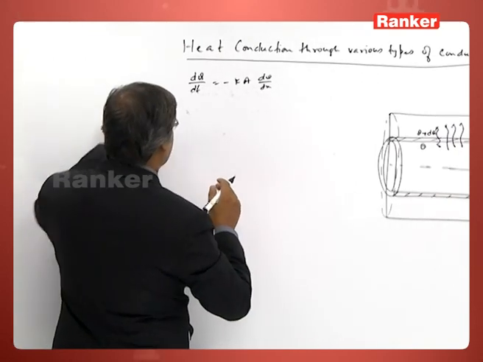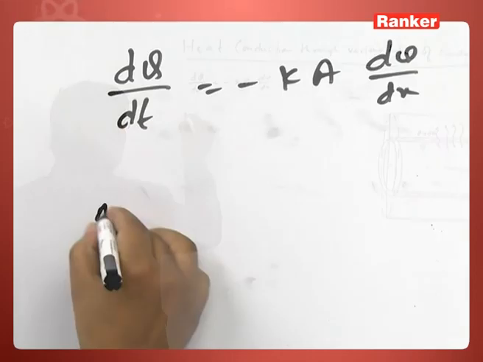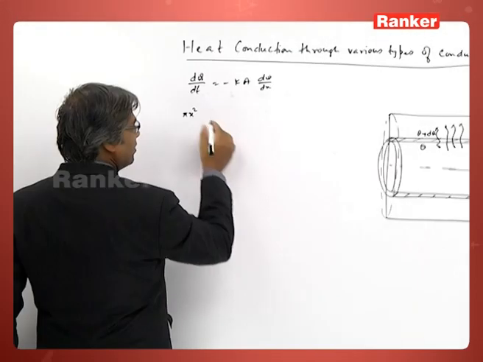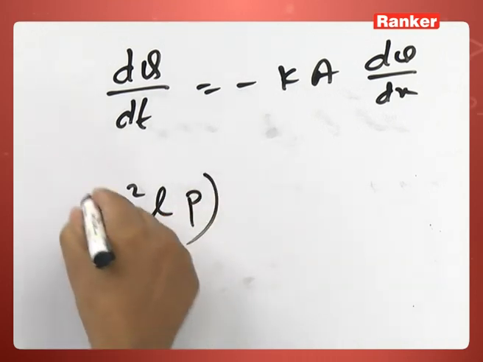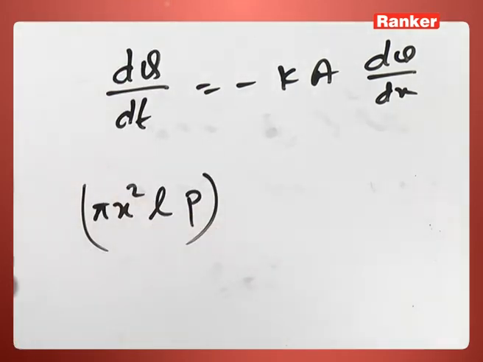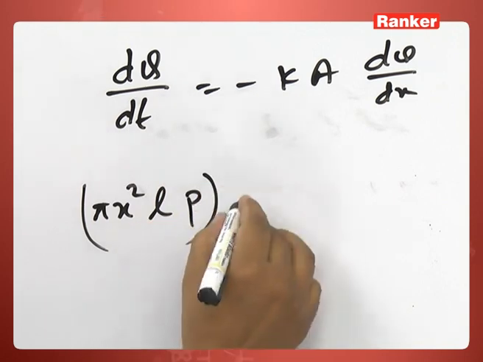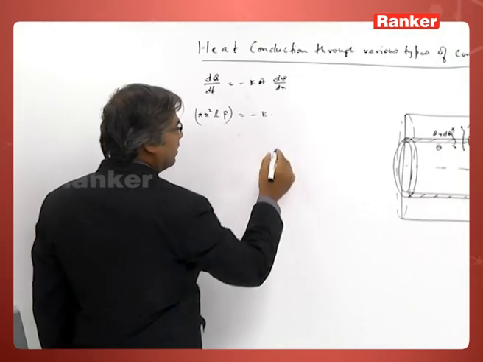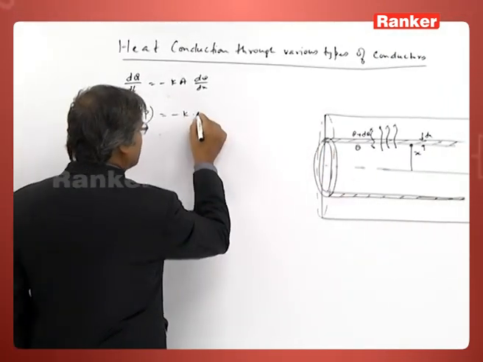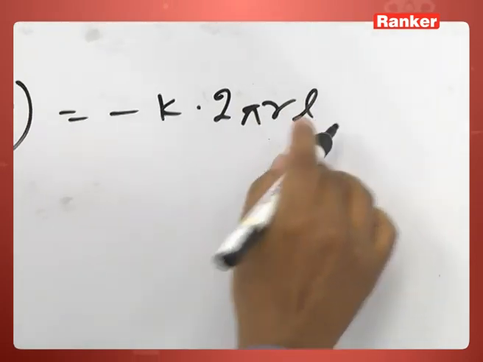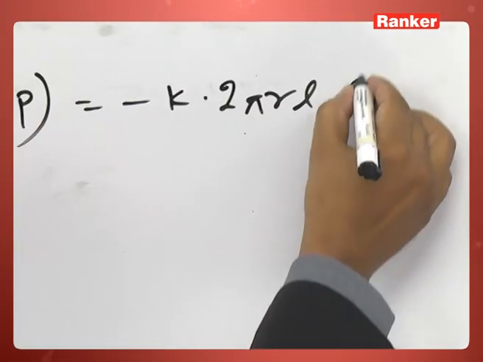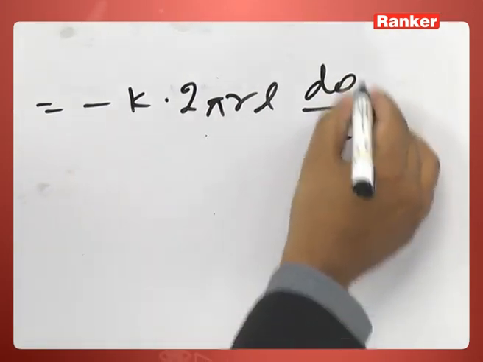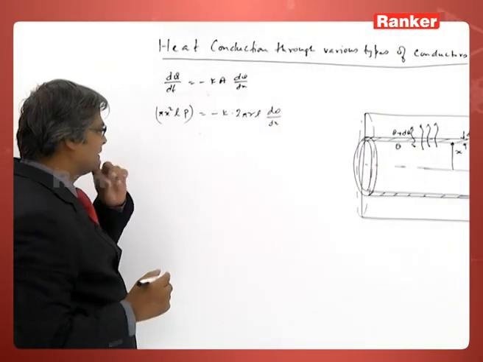The volume inside is pi x square, that is the cross section area, into L into P. This is the rate at which heat is produced and this must be transferred, that is minus K. The cross section area is 2 pi x into L, through which the heat goes out, and d theta by dx, this is the temperature gradient.